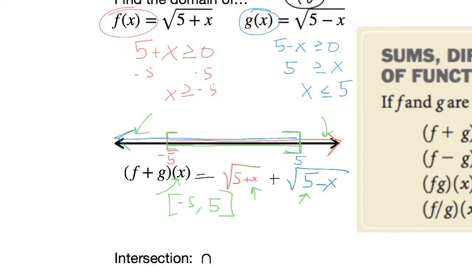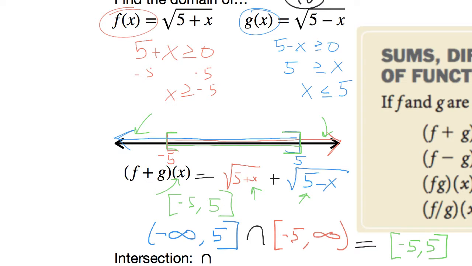What we call that is the intersection. You could say the intersection of negative infinity to 5 with negative 5 to infinity would be negative 5 to 5. That's how you could write it, and this would be your answer. That's what we call the intersection. Where do they overlap?